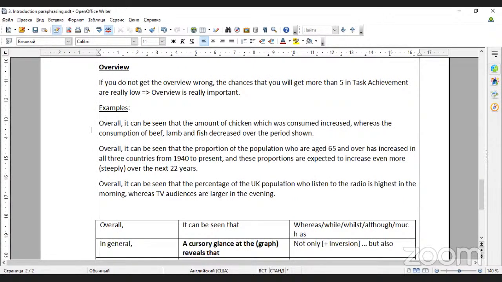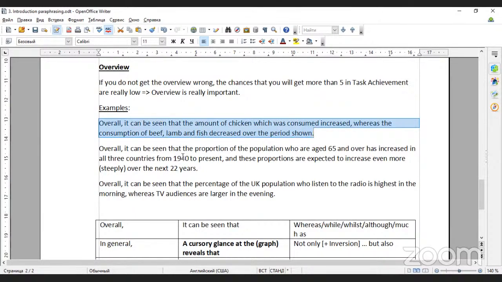Here are a couple of examples of how an overview can be written, just abstract overviews. Have a look in the chat box. The given line graph provides data about, yeah, you can say that. Then overall, it can be seen that the amount of chicken which was consumed increased, whereas the consumption of beef, lamb, and fish decreased over the period shown.